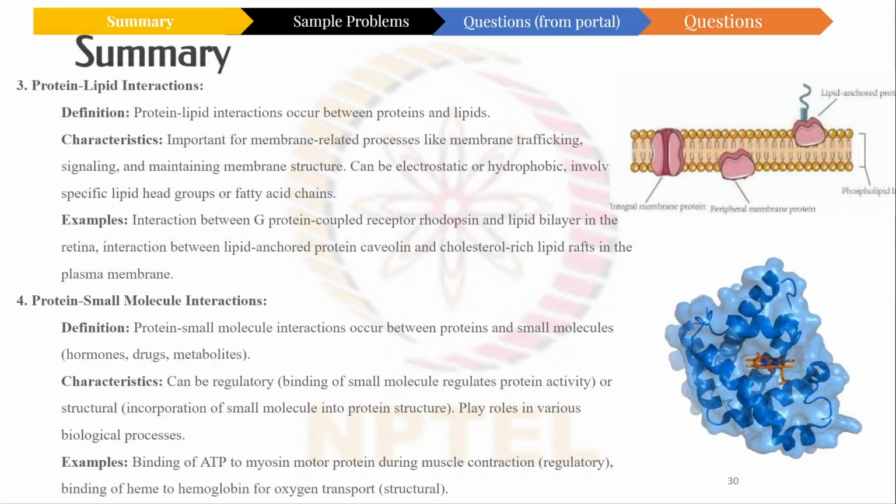Then we have protein-lipid interactions. Mostly these are observed in the case of membrane proteins or membrane-associated proteins. These are useful for different cellular processes such as membrane trafficking, signaling, and maintaining the membrane structure.